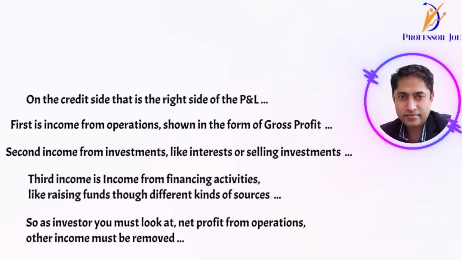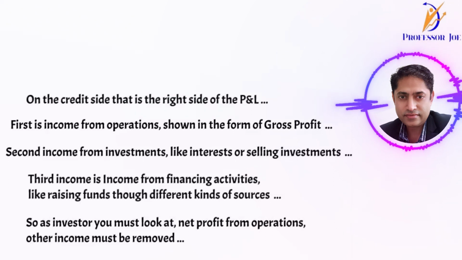Now, as an investor, you have to be very careful because the net profit includes the second kind of income and the third kind of income. Yes, it is income or funds coming in for the company, but that income is not generated from the operations of the company.